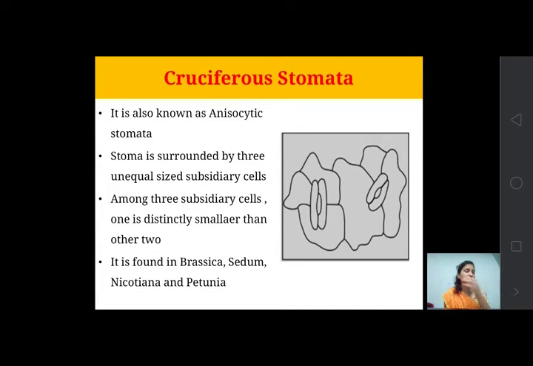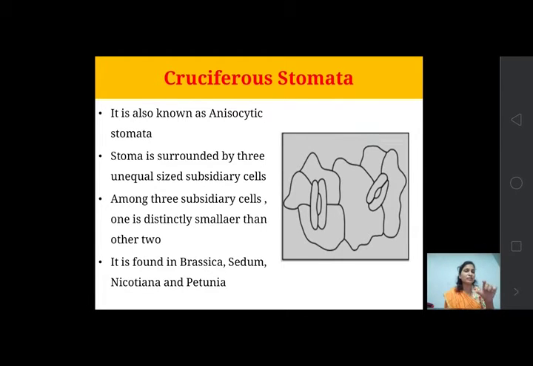Okay, you can clearly see in the picture that all the three cells are not of equal size, they are of unequal size. And among these three subsidiary cells, one is distinctly smaller than the other two.